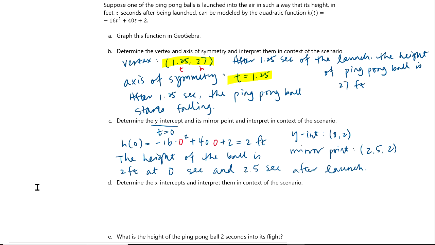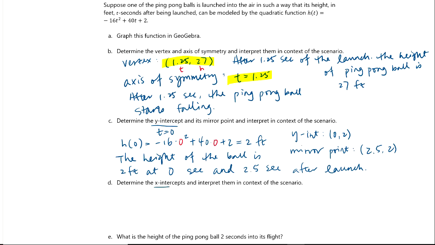And now we want to think about, in part D, what are the x-intercepts and what do they mean in this case? So x-intercepts is something that the technology is going to be really helpful for, because if we look at the original function, it's going to take a little bit of work in order to find where we can have the x-intercept, or y is equal to 0.